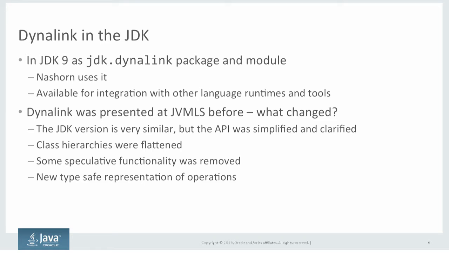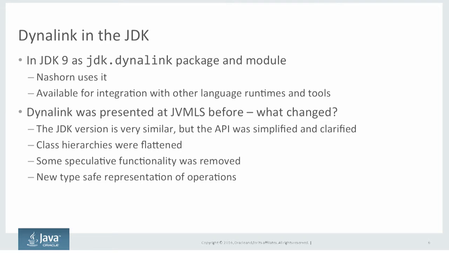And I'm not going to give the whole story of what Dynalink is and does today, because the story has been told by Attila mostly numerous times in this very place and in other venues. But there are some things that have changed, and I'll focus on those. So first and foremost, API simplification and some streamlining, some work on the class hierarchies.